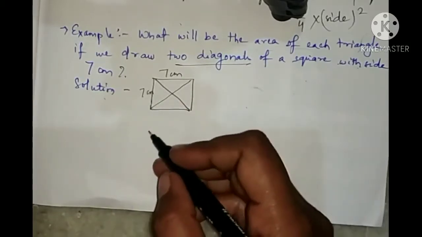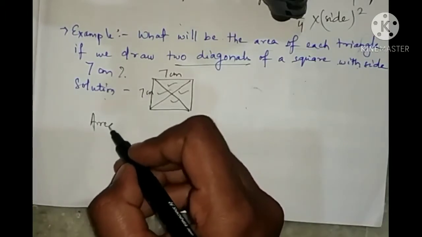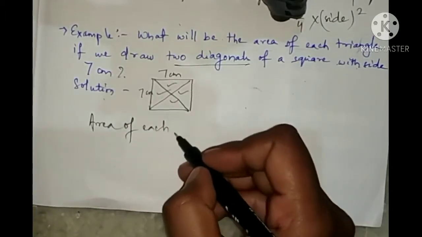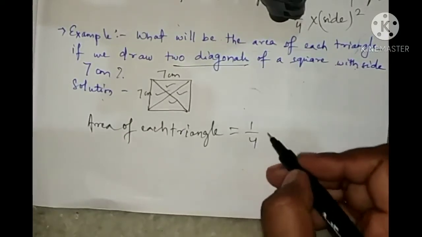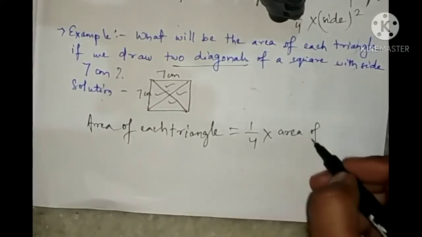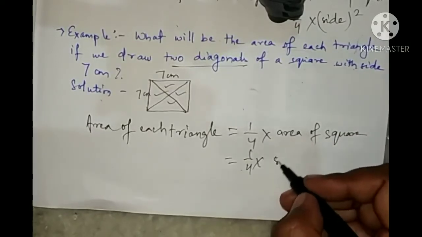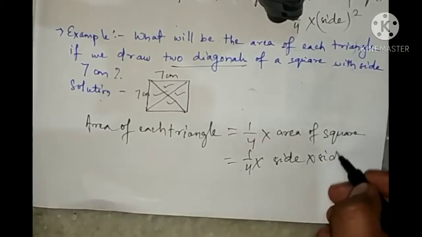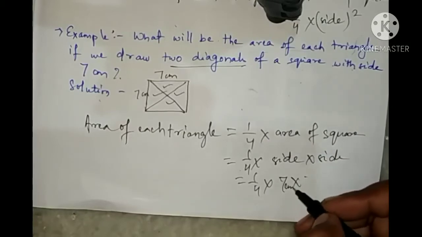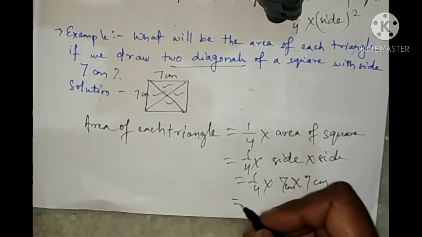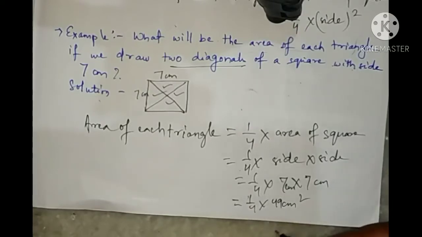Area of each triangle equals 1 by 4 into area of square, which is 1 by 4 into 7 centimeter into 7 centimeter, equal to 1 by 4 into 49 square centimeter.